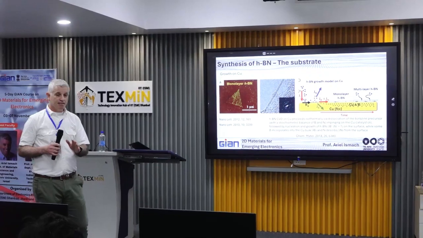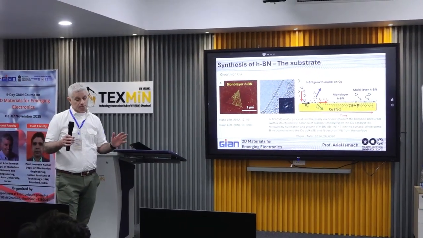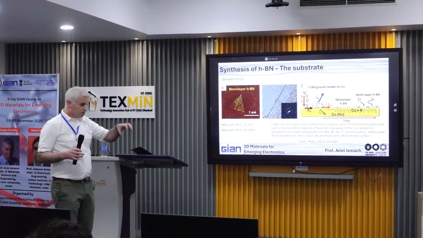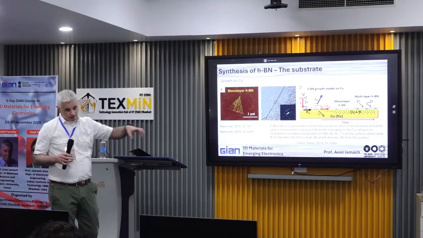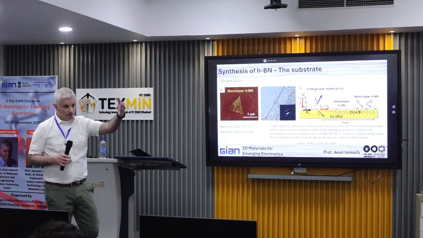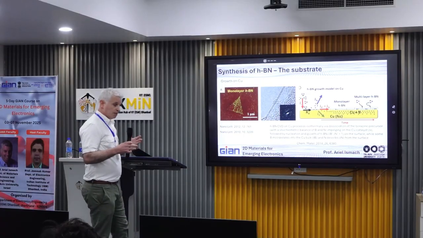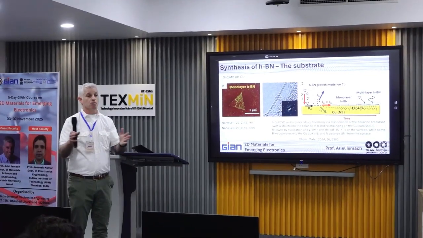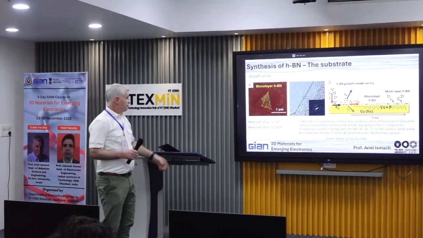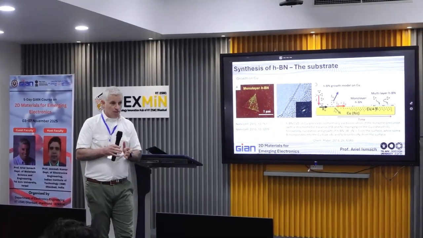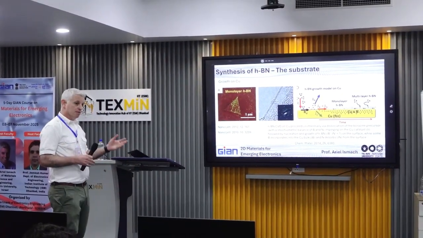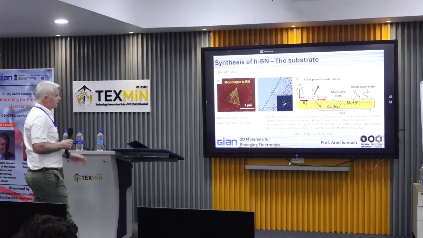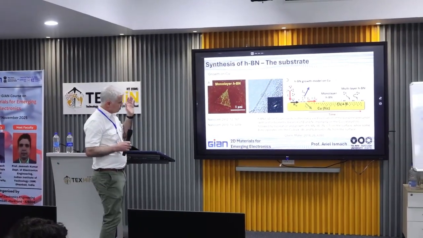For graphene, it's relatively easy to get single layer graphene over large areas on copper. You get some areas with an additional layer, but most of the area will be single layer. The parameter window to achieve that is very large. But in this case, the parameter window is narrower, so you can sometimes get bilayers, few layers, and of course not completely homogeneous. But anyway, they managed to do so.